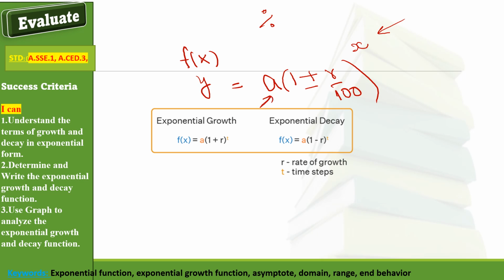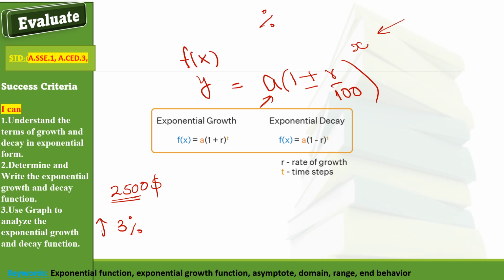So let's suppose you are going to a bank. You want to deposit about $25,000. This is the initial value which you have in your pocket, and the bank says that, according to the bank interest rate, your value will be increased by 3%. So it will be an increase.